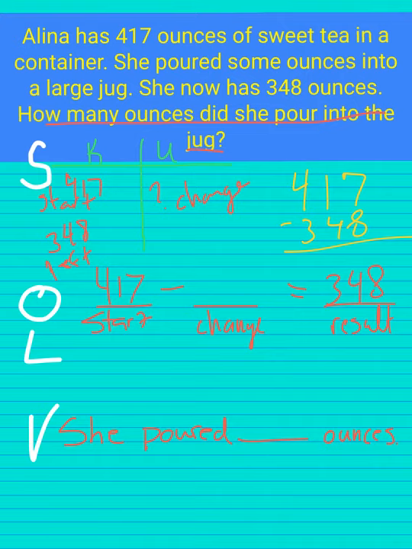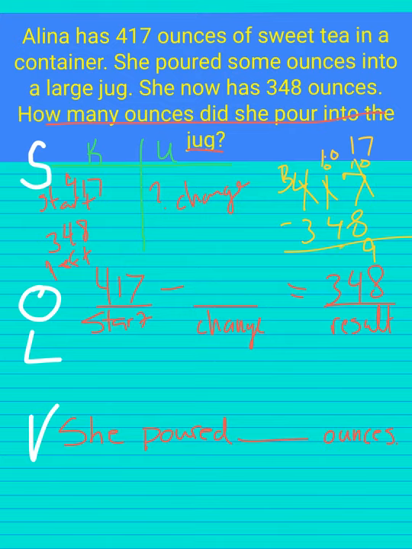Well, if we have 7, we cannot subtract 8, so let's regroup. Bring over 10 ones, and we already had 7. That leaves us with 17. 17 minus 8 is 9. We have no tens, and if we have no tens, then we cannot subtract 4 tens. Let's regroup from the hundreds. That leaves us with 3 hundreds. Brings us to 10 tens. 10 minus 4 is 6.